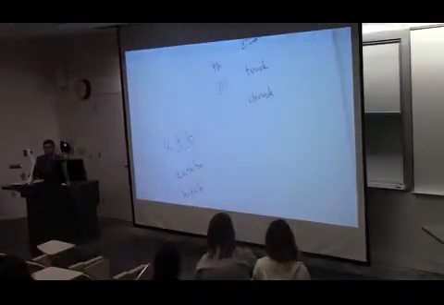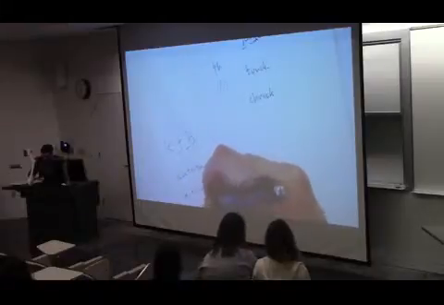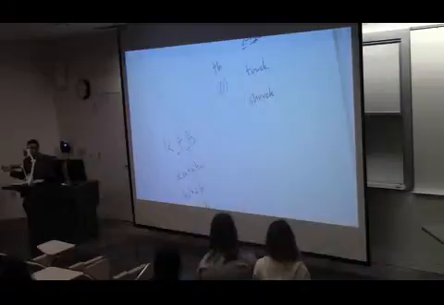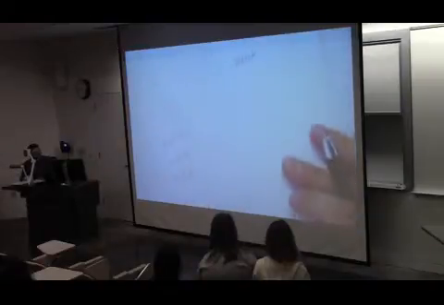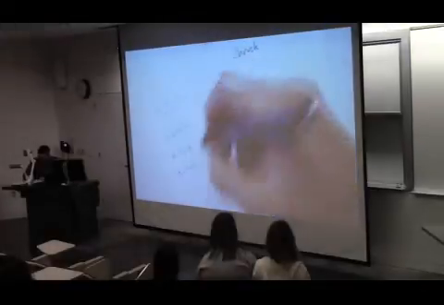Kitab means book. Kutub means books. So they don't just slap an S on the end like we do for plurals. Actually, the vowels change.